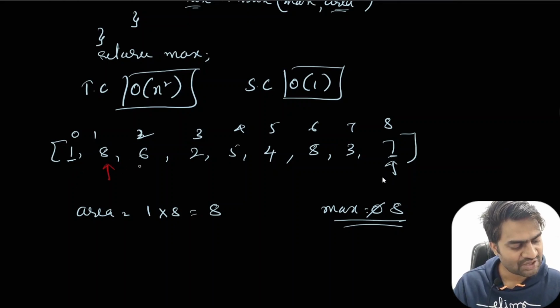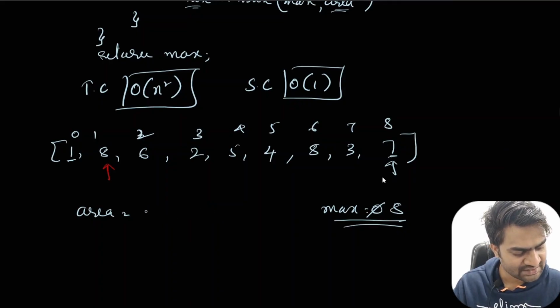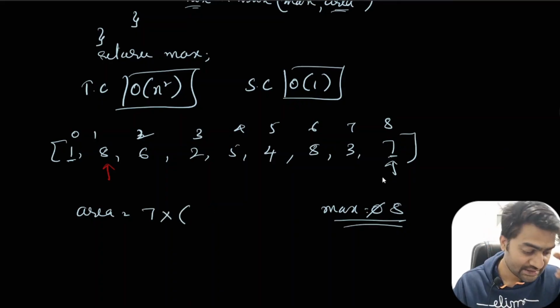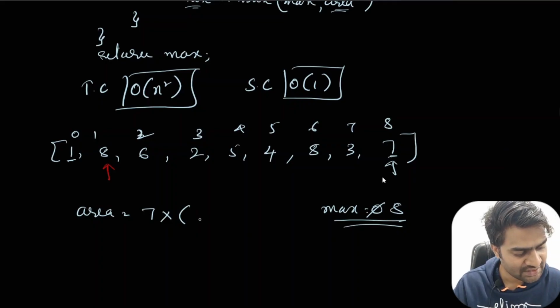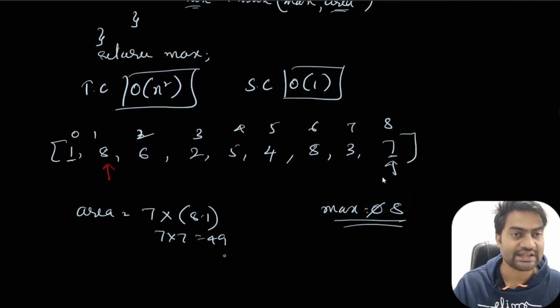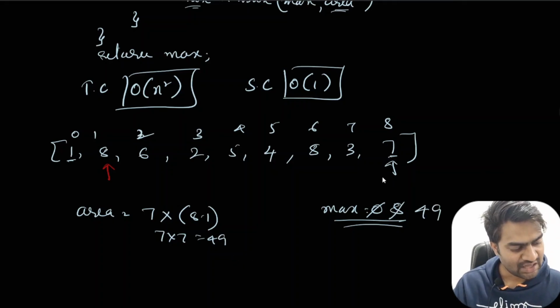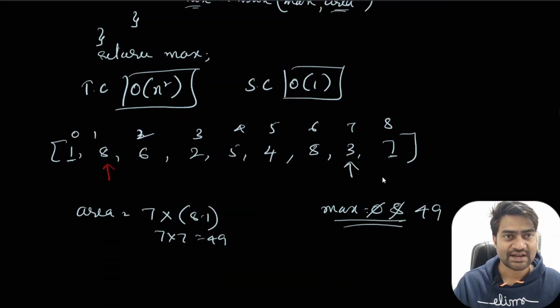Now, between 8 and 7, the minimum is 7, and the distance is 8 minus 1, so it is 7 into 7, which is 49. Let us update this with 49. Out of 8 and 7, 7 is smaller, so I will decrement the right pointer.